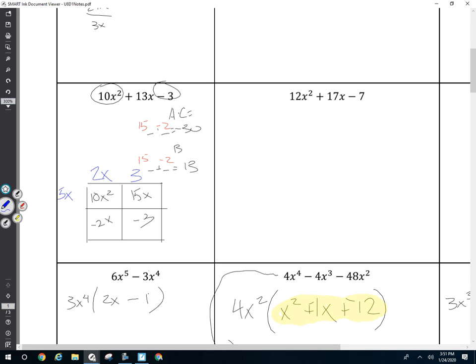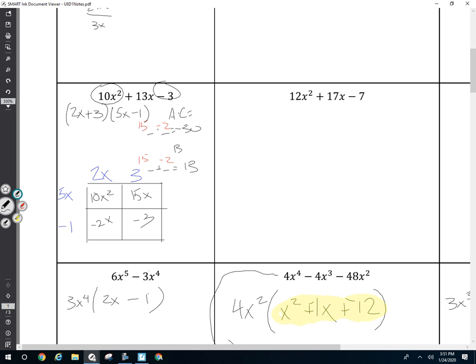Negative 2x and negative 3, minus 1. Very good. Now let's think. Do these all work out? 2x times 5x, 10x squared. 3 times 5x, 15. 2x negative 1, 3 negative 1. Boom, you're done. You've just successfully factored this.